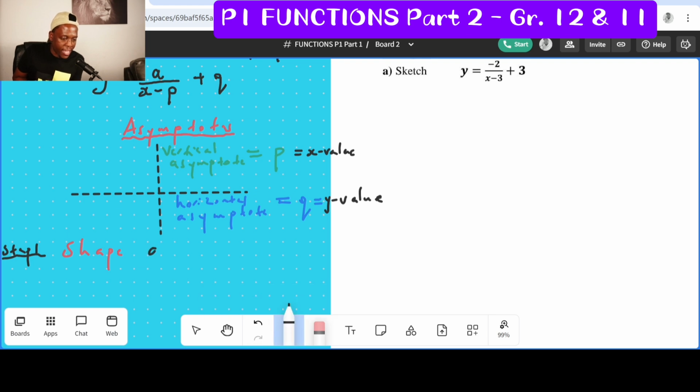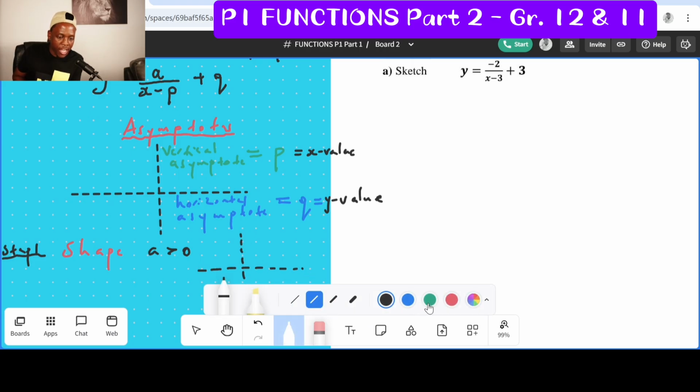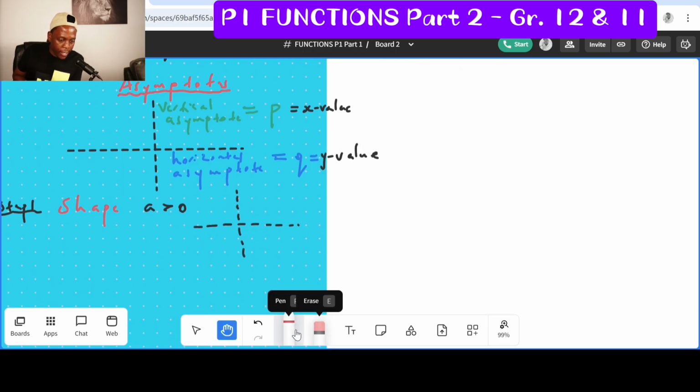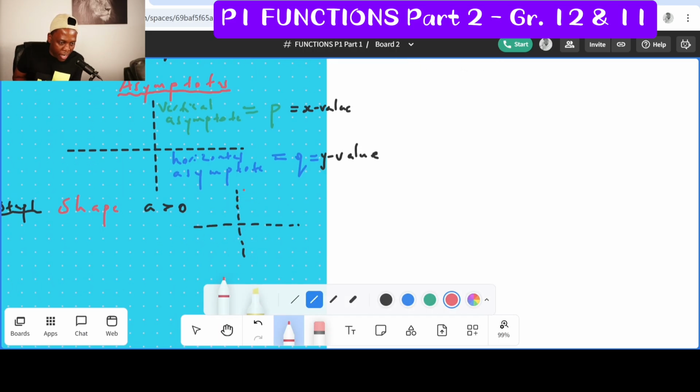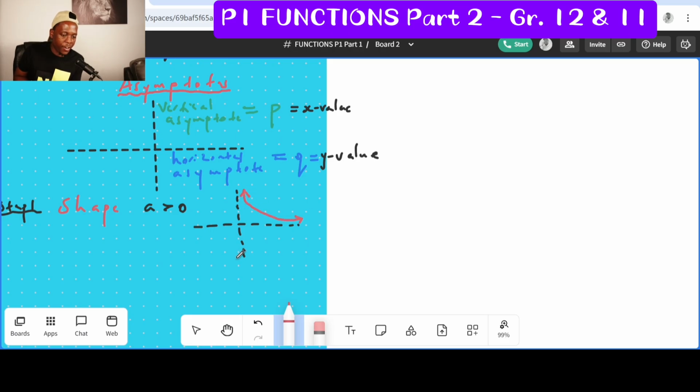If a is greater than 0, that's a positive number, then in your asymptotes, ladies and gents, the hyperbola will appear in the first quad and reflect in the third quad.